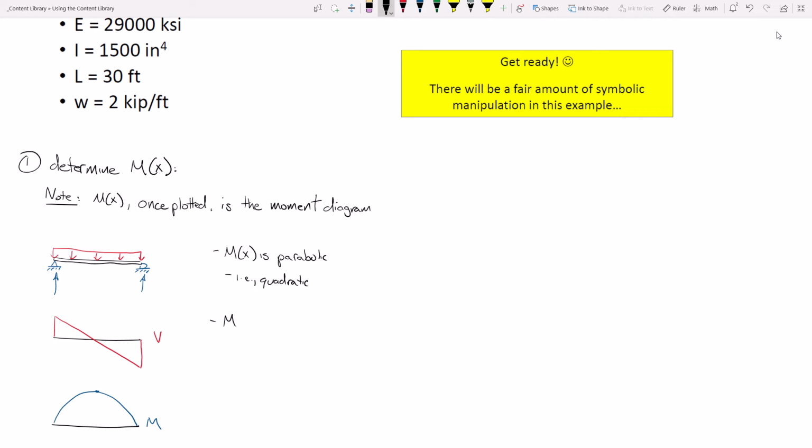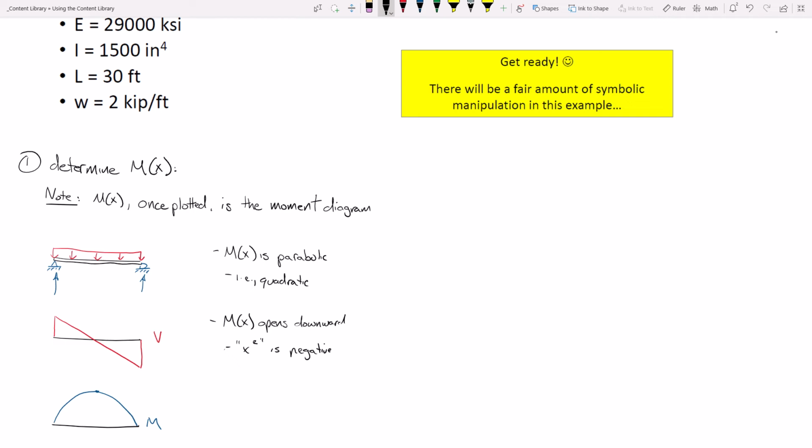I know that M of x opens downward. So that means that the x squared term is negative. Does that make sense? It's a downward parabola, so the x squared term in whatever function I generate has to be negative. With me so far? Any questions on that?